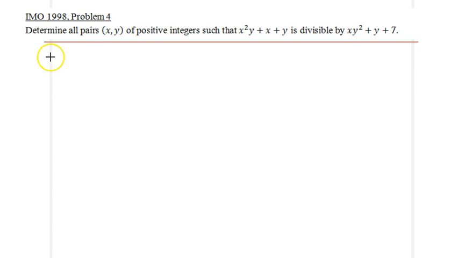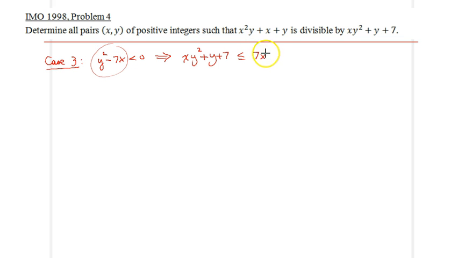As a final case, let's call it case 3, we are looking at the case where y squared minus 7x is strictly less than 0. But then that would imply that our divisor xy squared plus y plus 7 is less than or equal to, in inverted form, because this number is now negative, 7x minus y squared.